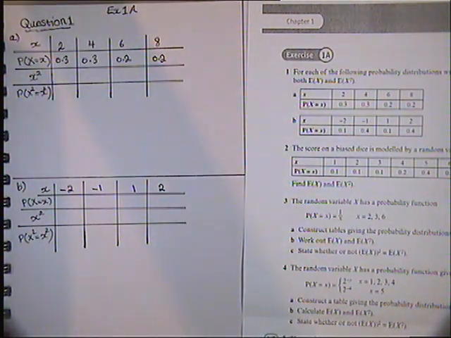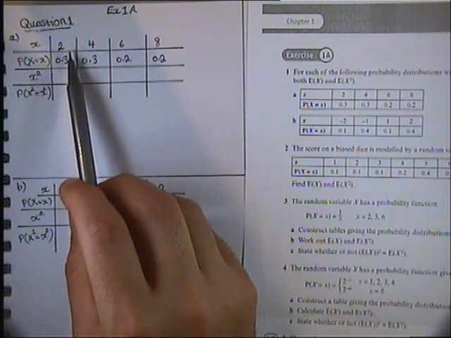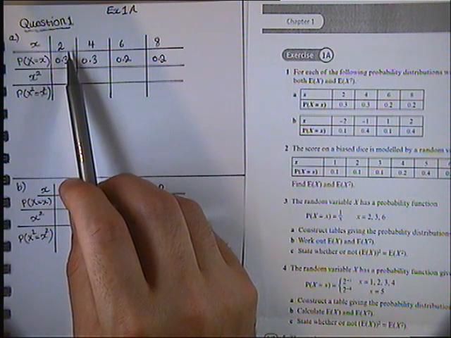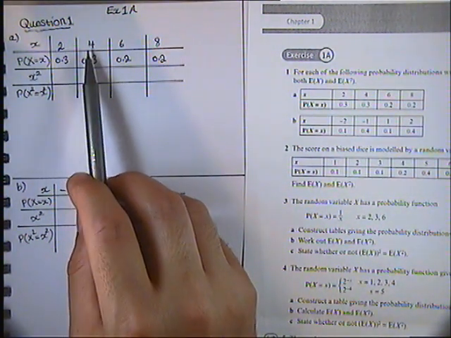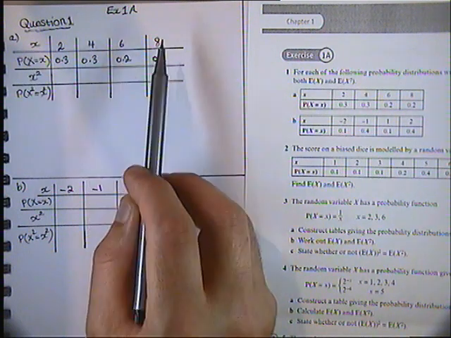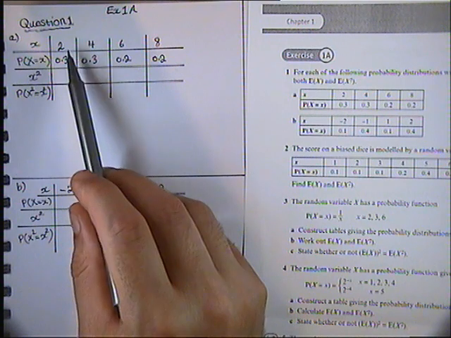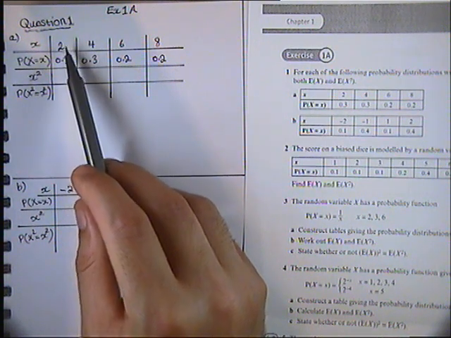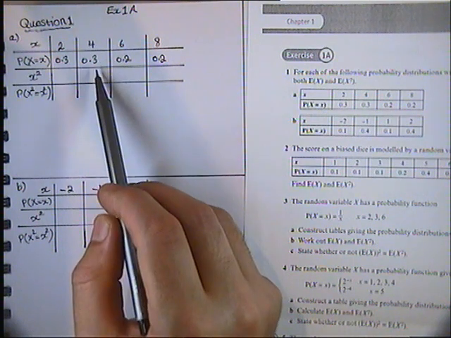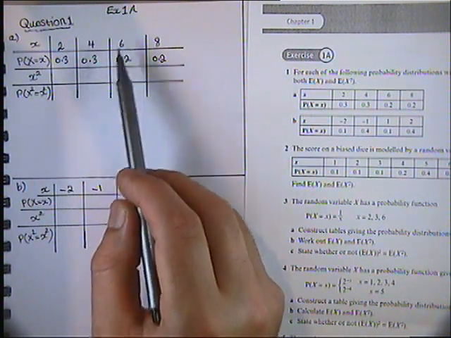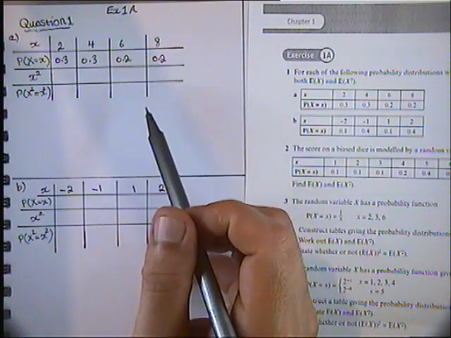Imagine we've got an unfair dice, for example, or any four-sided shape. On one side it's written 2, another side 4, 6, and 8. Since it is unfair, when you throw it, the probability of getting 2 is 0.3, the probability of getting 4 is 0.3, the probability of getting 6 is 0.2, and so on.